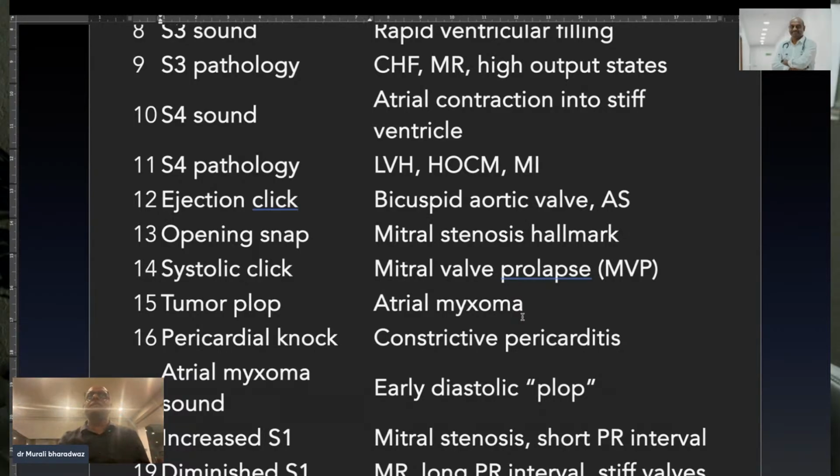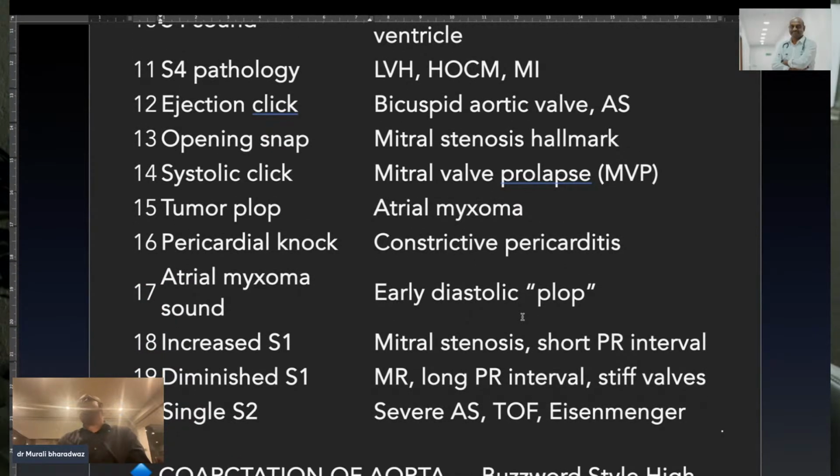Then ejection click, where do you listen? Whenever there is a bicuspid aortic valve or aortic stenosis, we hear an ejection click when the valve opens at the time of systole. Opening snap is a hallmark of mitral stenosis.